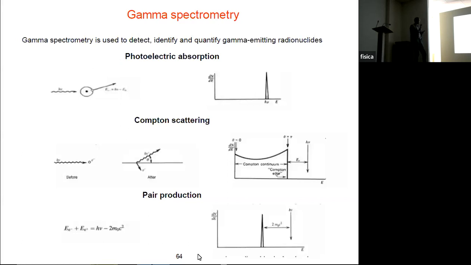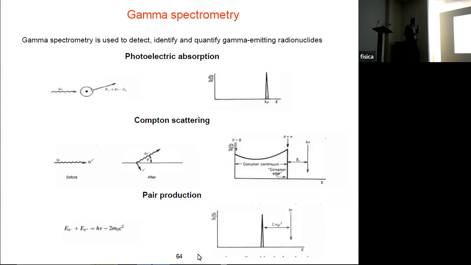And to understand this, we have to come back to our first lecture, where we were discussing three processes which happen in matter when gamma rays interact with materials. The first process is photoelectric absorption.